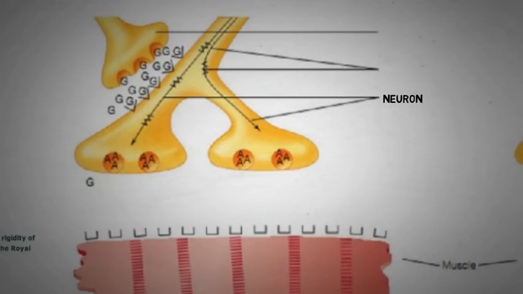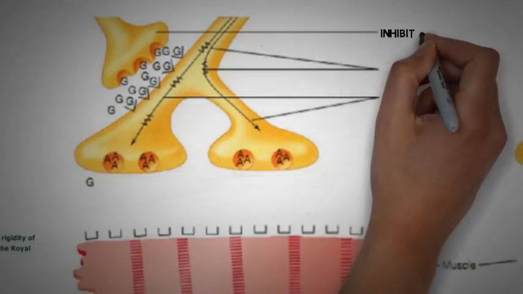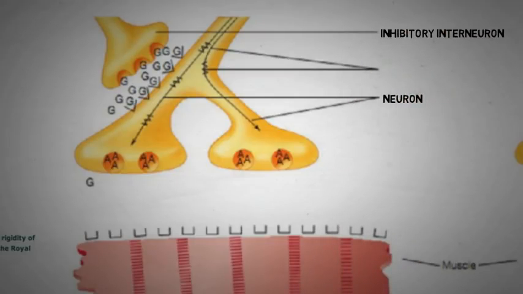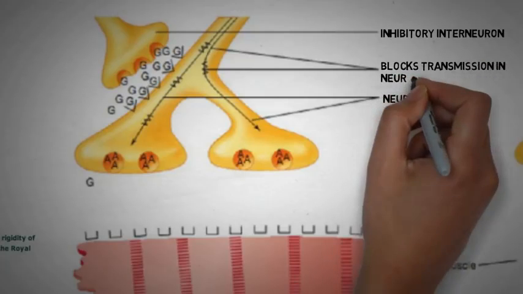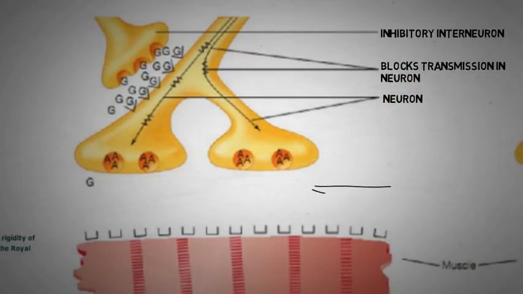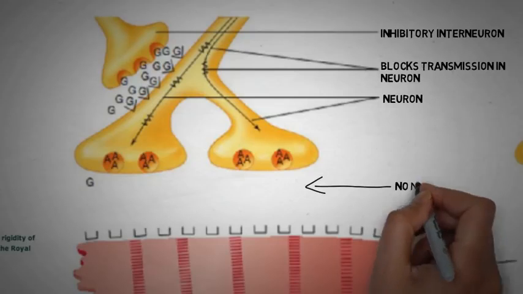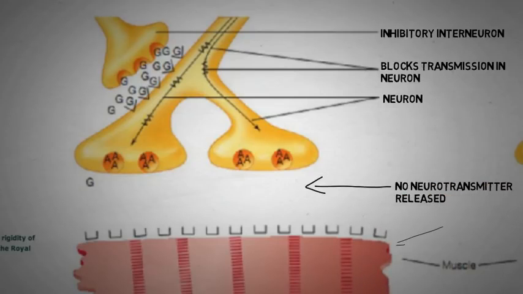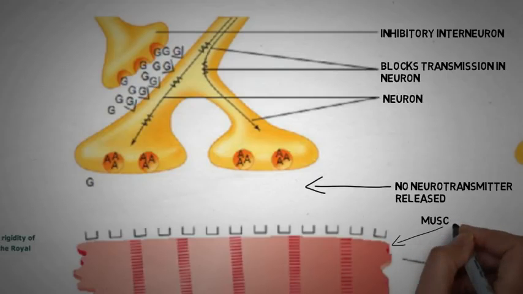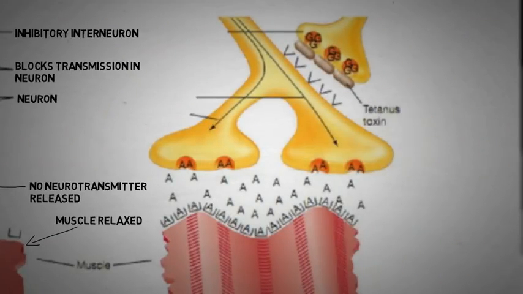So coming to the normal human being side, these are the neurons. This is the inhibitory interneuron. Under normal circumstances, the inhibitory interneuron blocks the transmission in the neuron. So the neurotransmitters are not released from the neuron, resulting in muscle relaxation.